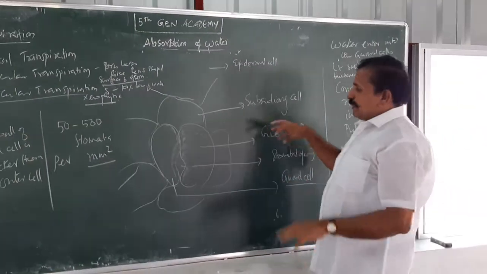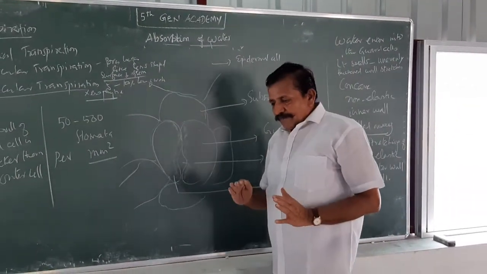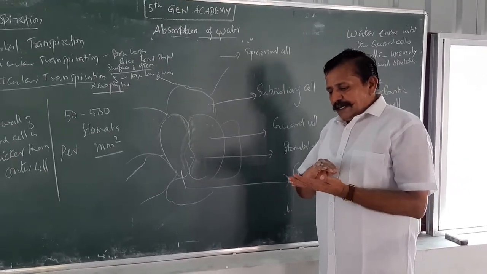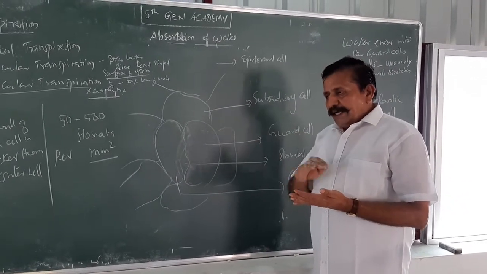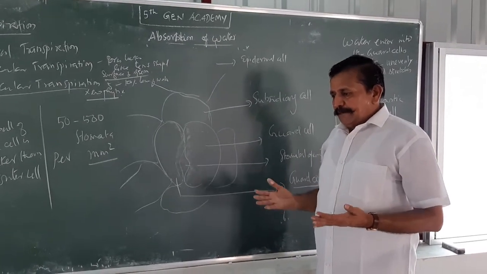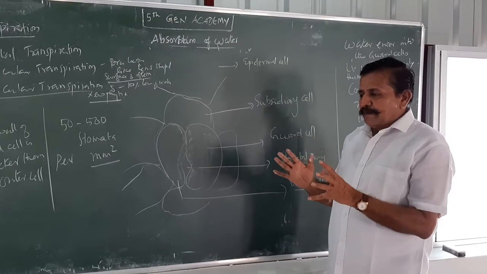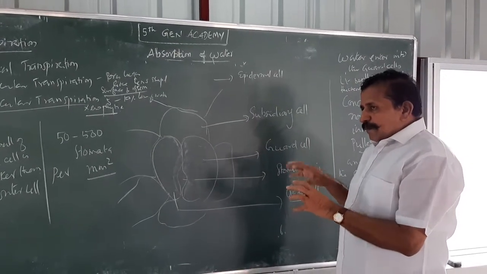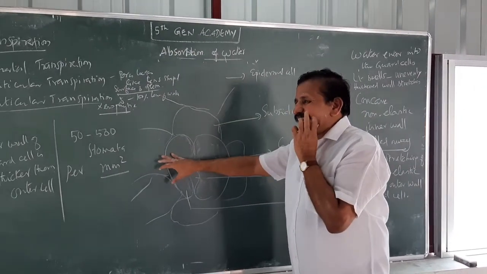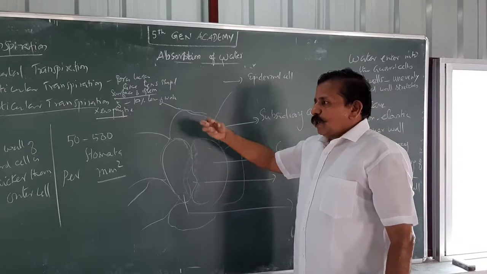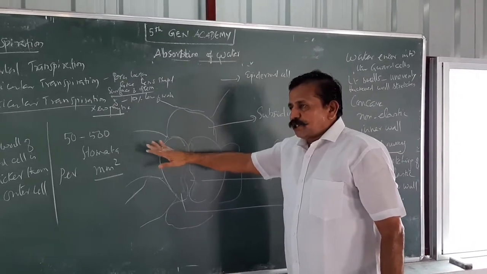Now, how does water get inside the leaf? There is the outer epidermis, and inside it the palisade parenchyma and mesophyll parenchyma cells are arranged, with a lot of space between them. Water is taken from root to leaf for photosynthesis.